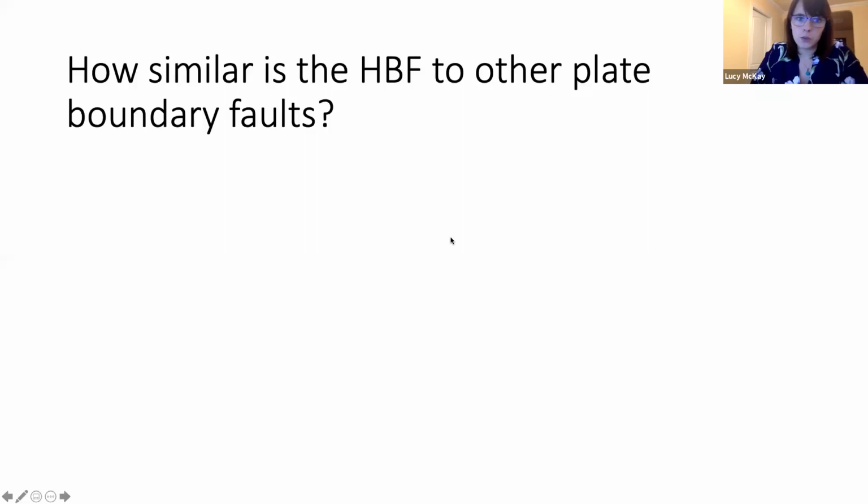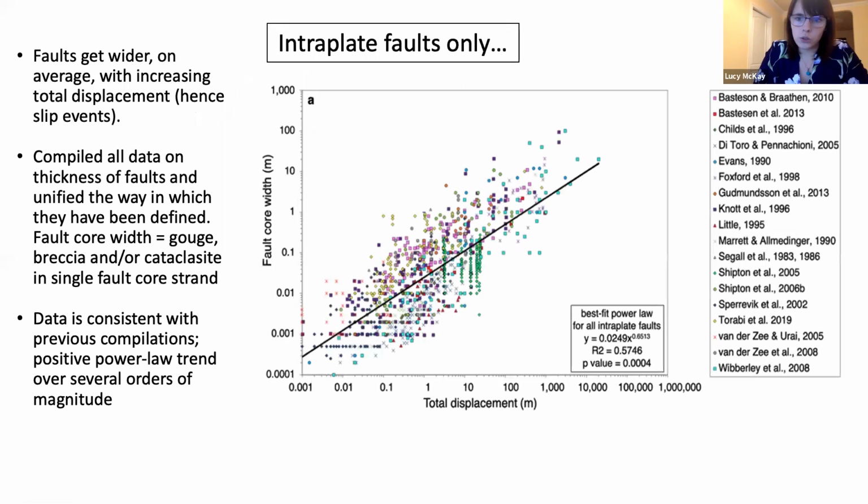The last question, just to bring it all together with everything else that's been done in the literature, was then, well, how similar is this internal structure to other plate boundary faults that have been observed elsewhere? So if you can remember back to the very beginning of the talk, how I said that faults get wider on average with increasing total displacement.